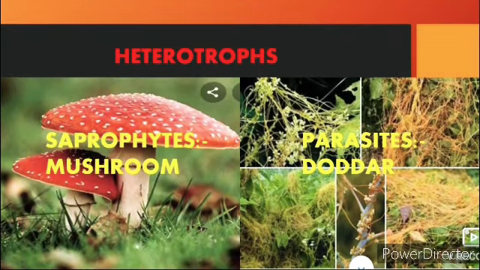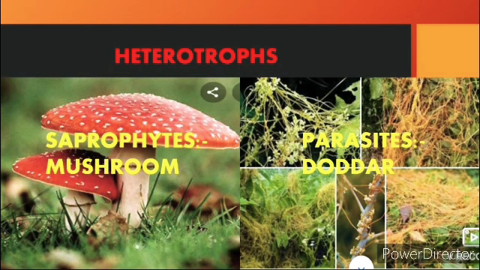What are heterotrophs? These plants cannot prepare their own food. They use the food synthesized by other plants. Heterotrophs are again divided into two categories: saprophytes and parasites.